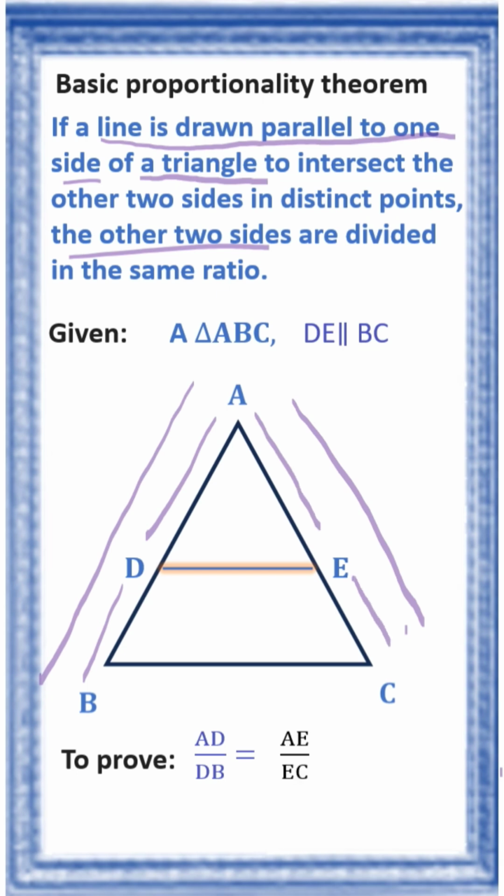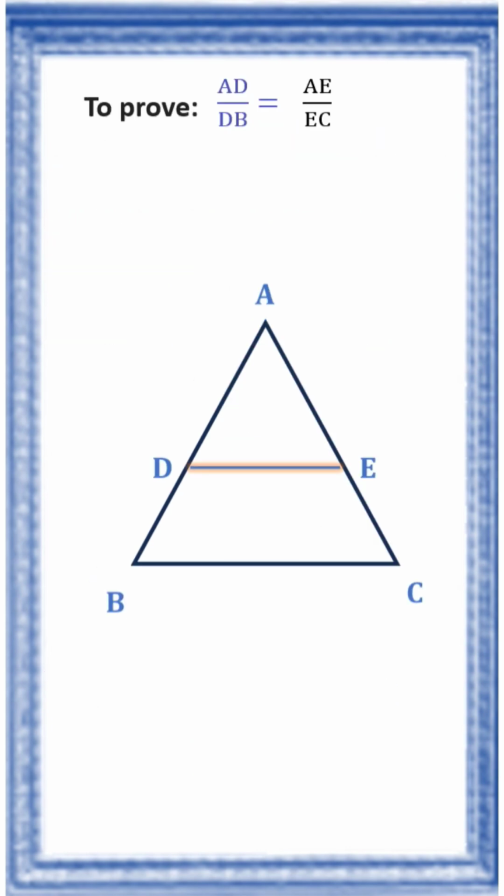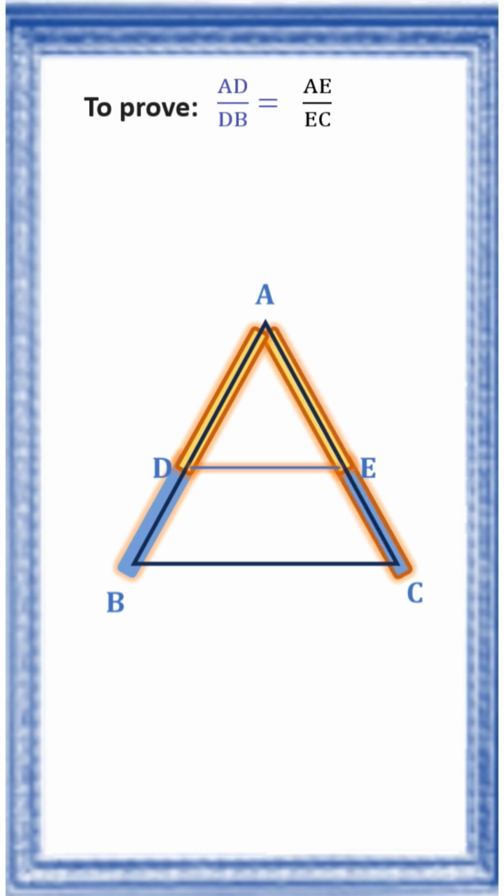If you write it like AD by DB is equal to EC by AE, it will become wrong. Okay, now to prove AD by DB is equal to AE by EC, observe that AD is this one, DB, and AE by EC.